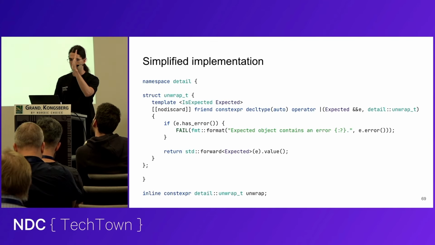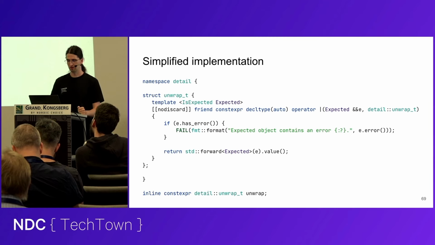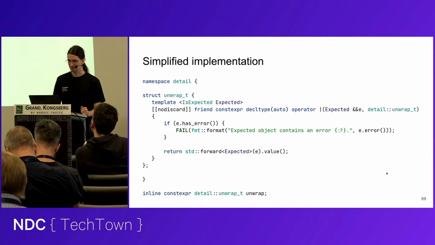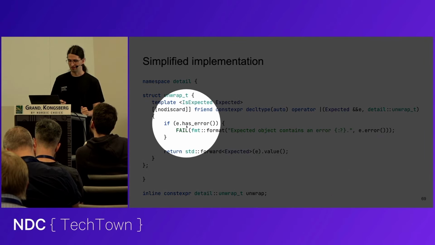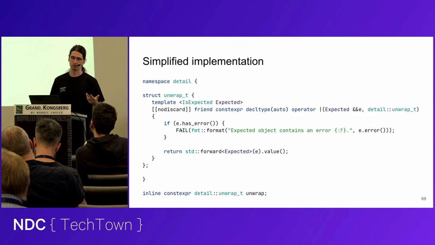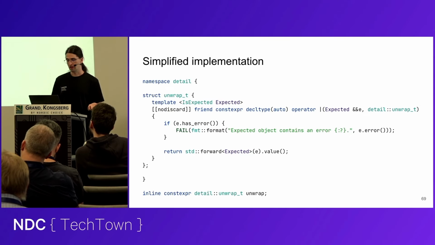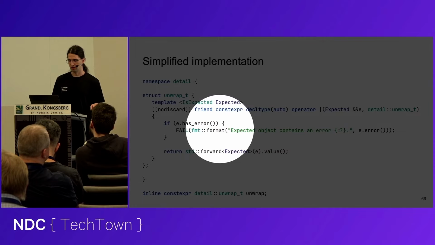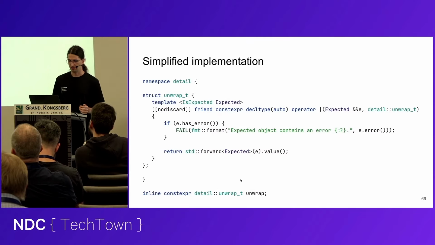Just the pipe operator with this structure, with unwrap_t, a very famous name. If there is an error, we invoke fail. It's again specific to the test framework I used for examples, Catch2. So it fails immediately, and if there is a value, we return the value. And then we have unwrap like this.